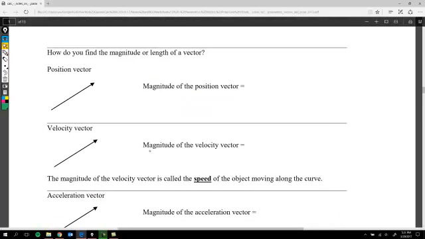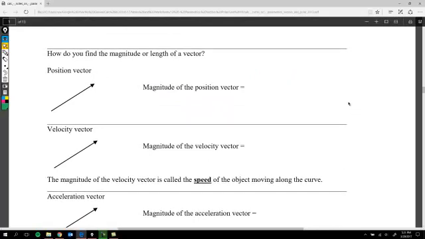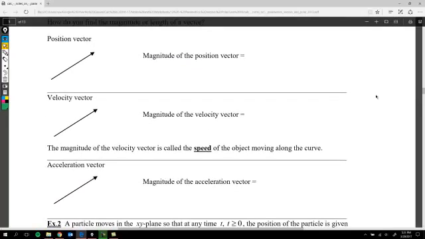The question is, how do I find the magnitude or the length of a vector? If you've worked with vectors, you know that we do a lot of triangles. I'm going to think about my position vector in terms of Cartesian coordinates, in which you really only move right, left, up, down. I'm moving horizontally in terms of x and vertically in terms of y, and this diagonal line can be represented by the distance formula or Pythagorean theorem.